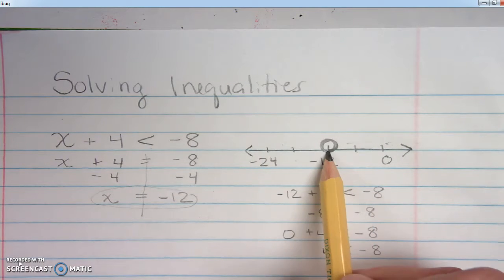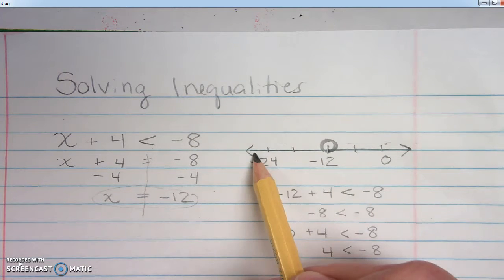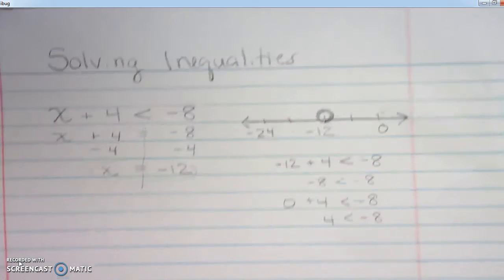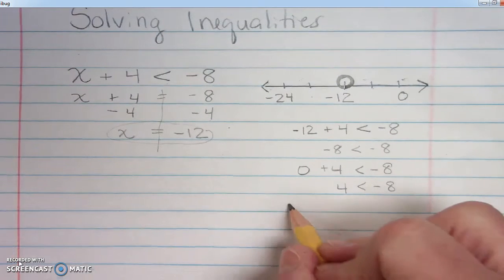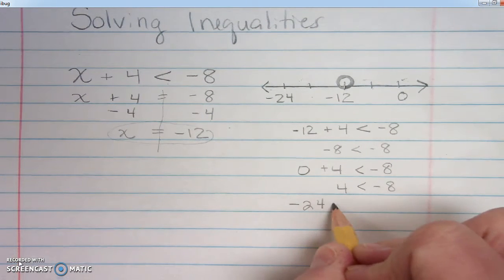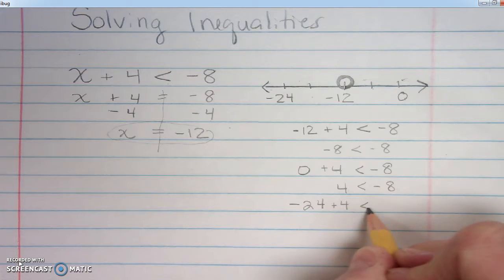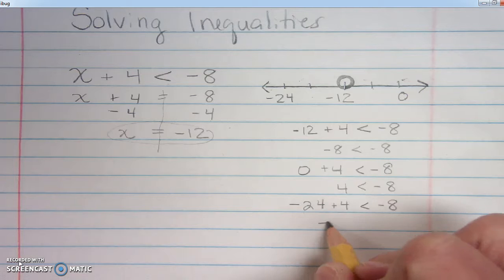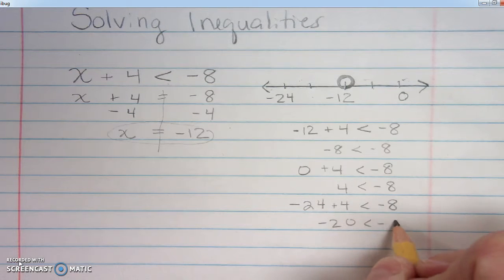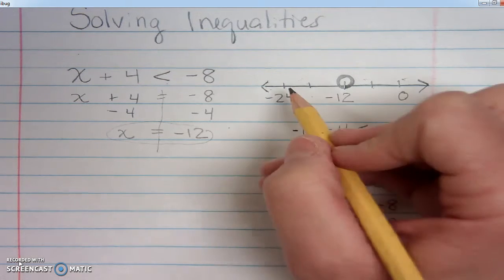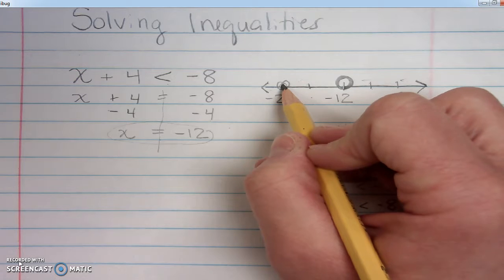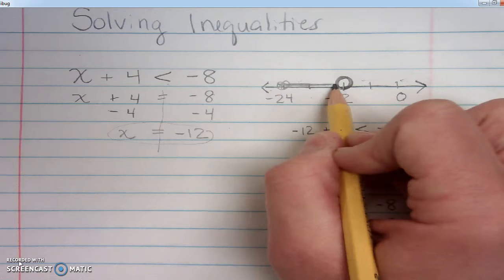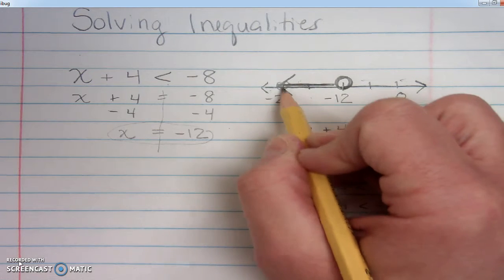So instead, I'm going to try something to the left of it, like -24. So I'll put -24 in the inequality. -24 plus 4. Is that less than -8? Well, -24 plus 4 is -20, and that is less than -8. So that means that -24 is part of the solution. As a matter of fact, everything to the left of -12 will be the solution.